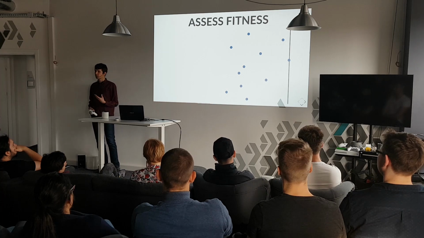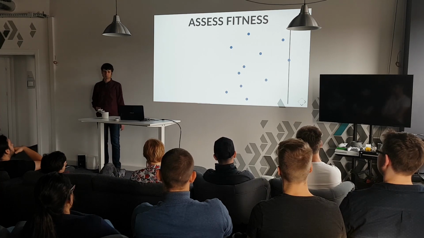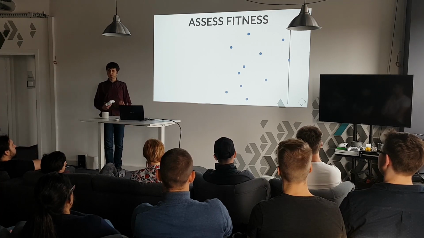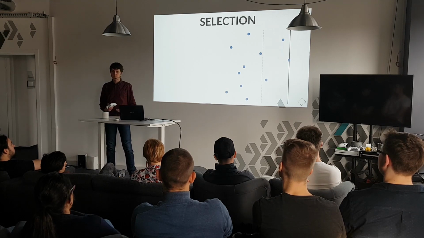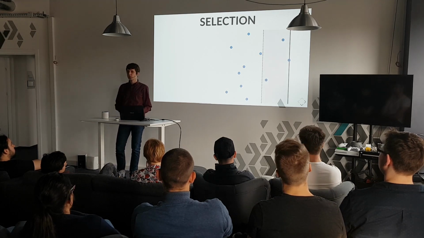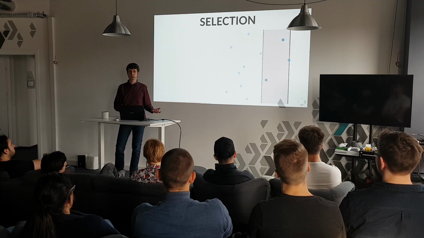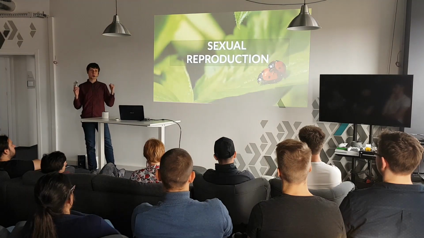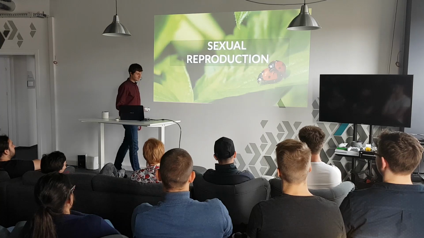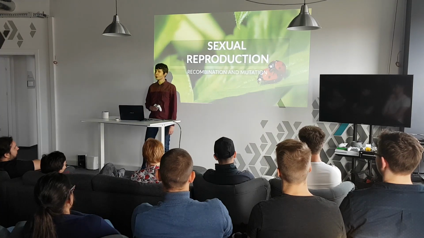The terms better and worse depend on the problem you are solving, of course. In the next step, you are selecting the best ones, so the ones that, for example, raced the furthest, or they were just the best. So, for example, I select those 3. And those 3 lucky solutions get to do sexual reproduction, otherwise known as recombination and mutation.